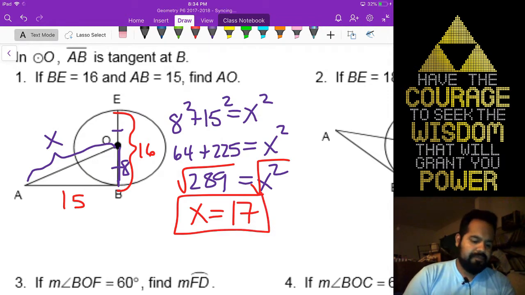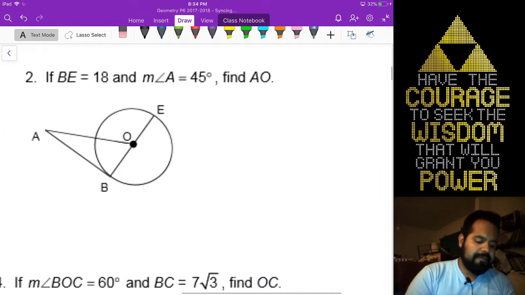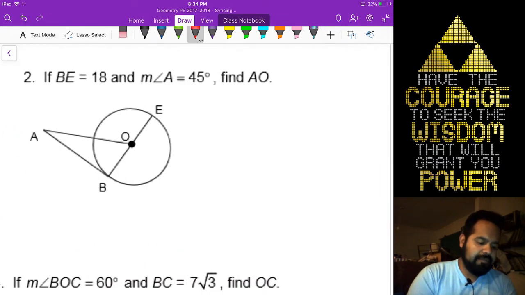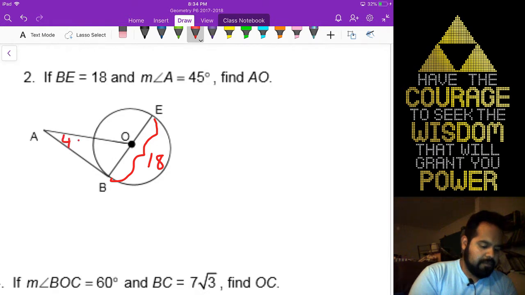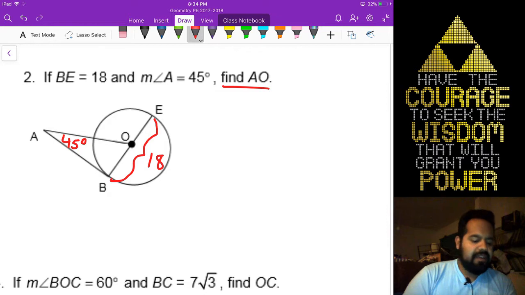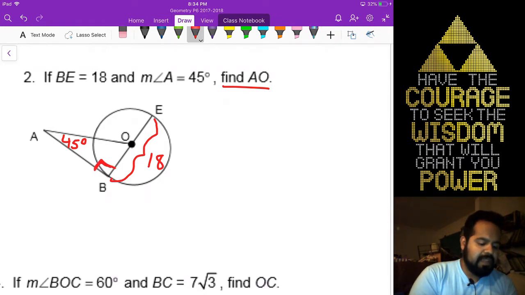Number 2, if BE is 18, the measure of angle A is 45 degrees, find OA. Now, as deceiving as this image might be, we are actually dealing with a special right triangle.